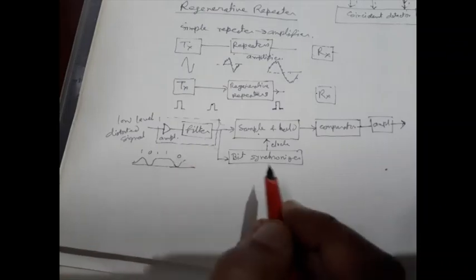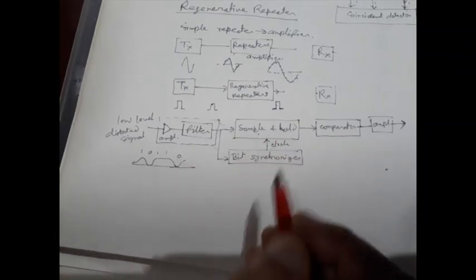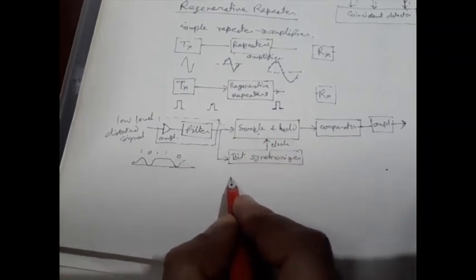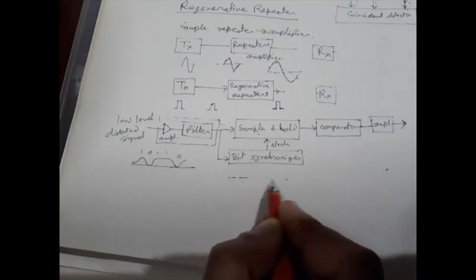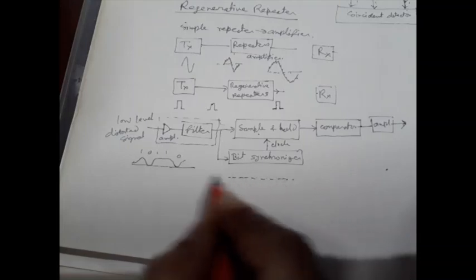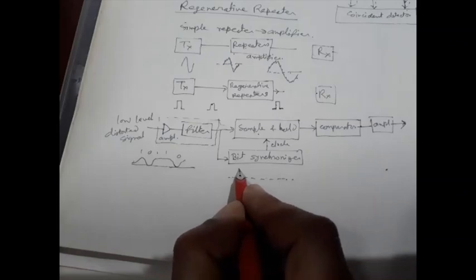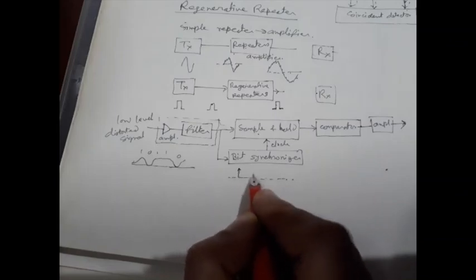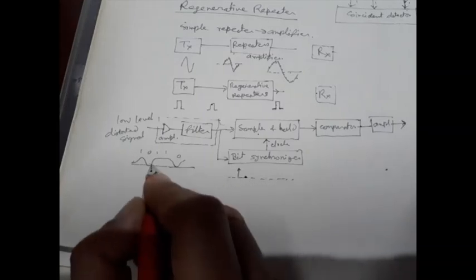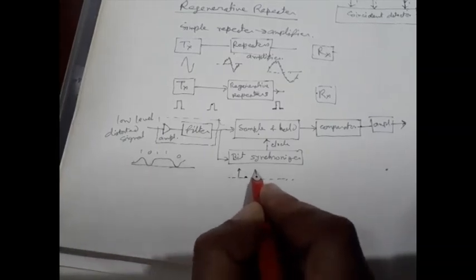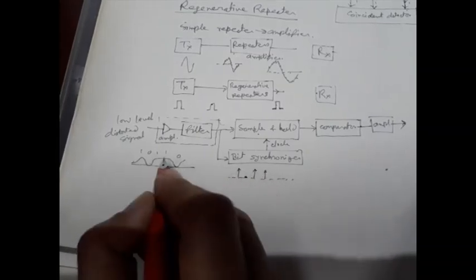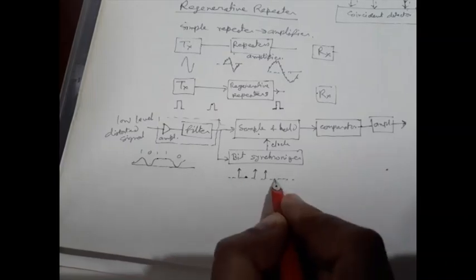It will be filtered, and then we will take the samples. So the samples may be like this. Here we have the positive value, next one is 0. Here we have two successive pulses for 1 1 and then again 0.